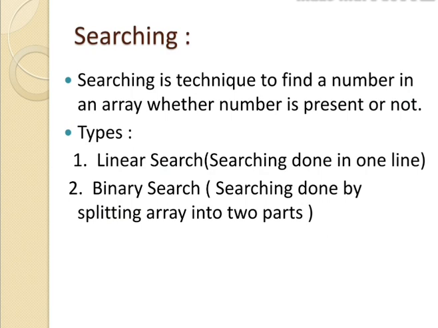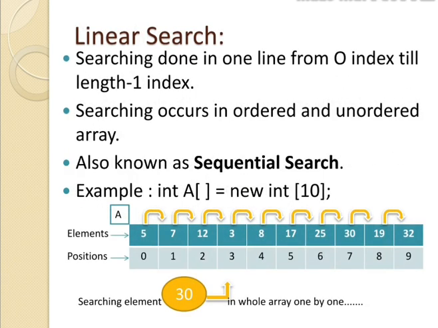Now we are proceeding further so that you can understand it in an easy way. See, first of all, linear search. The first point: searching is done in one line from 0 index till length minus 1 index. Means from starting till the end, we have to search an element.